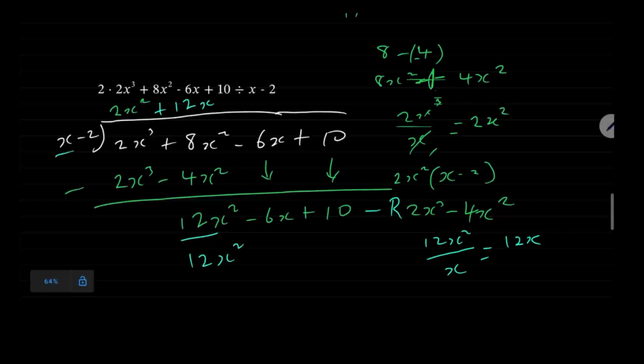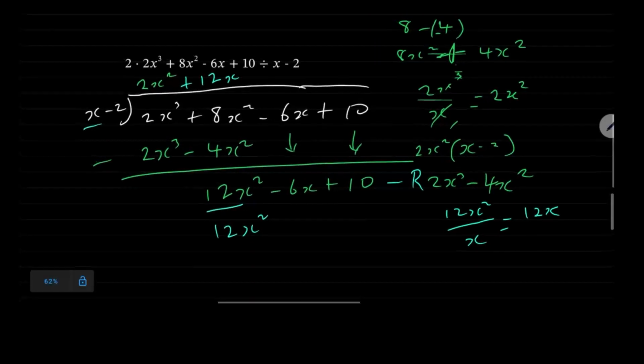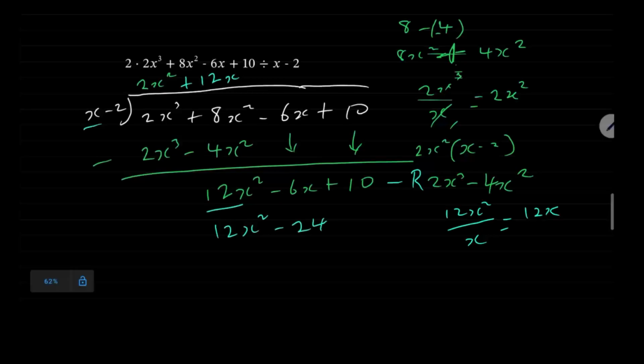You see how multiplying them helps to eliminate all the preceding terms. And then 12x times negative 2 is going to give us negative 24x. So 12 times 2 is 24, which is negative 24x.